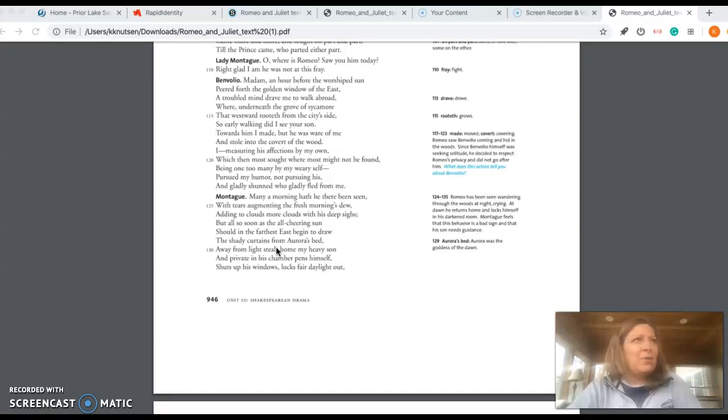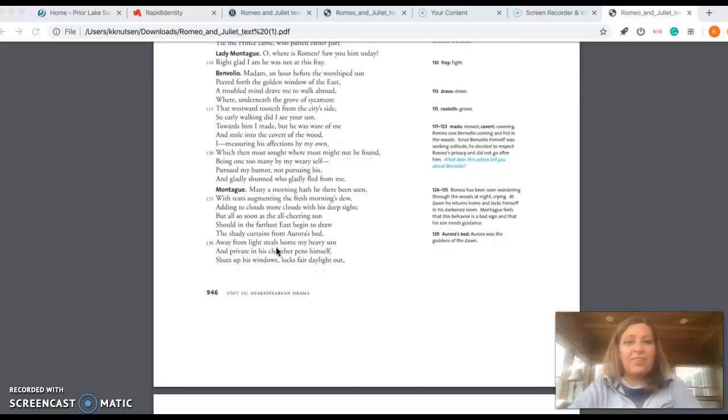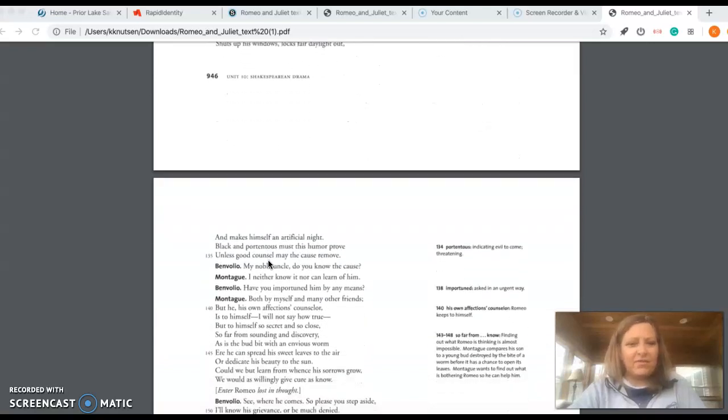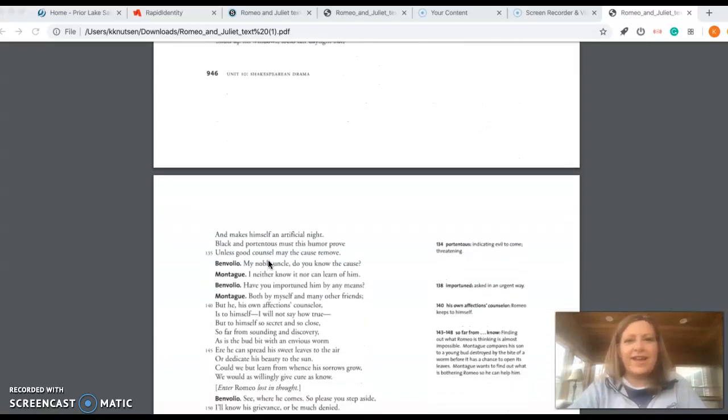He says, "I've seen Romeo adding tears to the fresh morning's dew, but as soon as the all-cheering sun should in the farthest east begin to draw the shady curtains from Aurora's bed, away from light steals home my heavy son, private in his chamber pens himself, shuts up his windows, locks fair daylight out, and makes himself an artificial night."